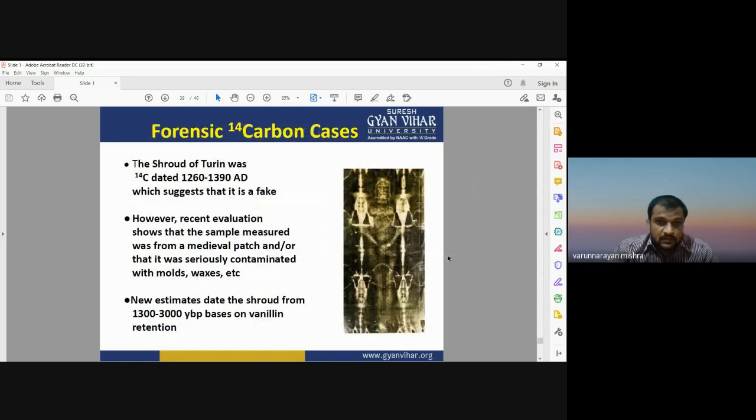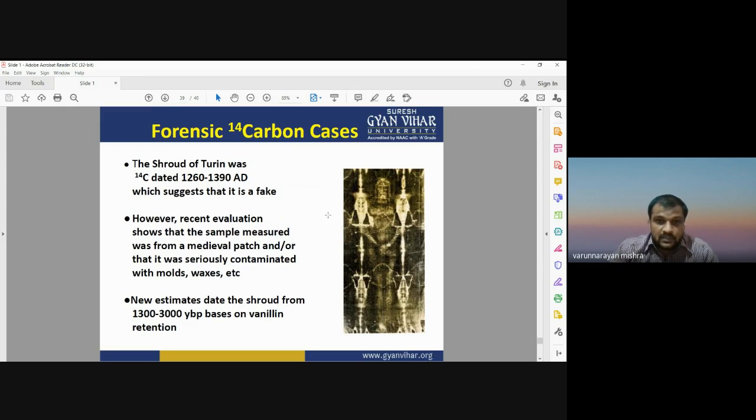Okay, these are some other cases where the carbon-14 dating method was used to get the age of different objects, like the shroud, which was dated to around 1216 to 1390 AD. However, the recent evaluation shows that the sample measured was from a medieval patch that was seriously contaminated with mold and waxes.